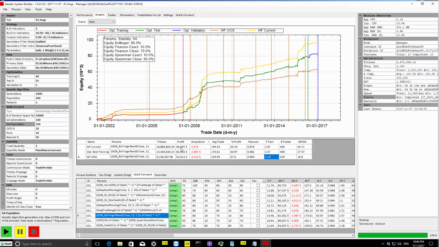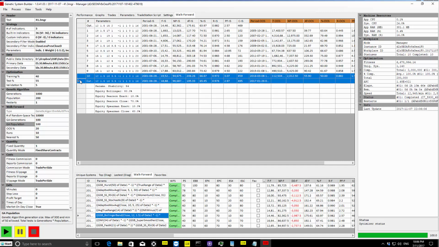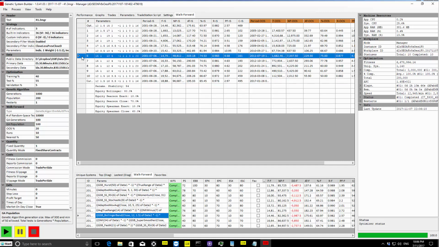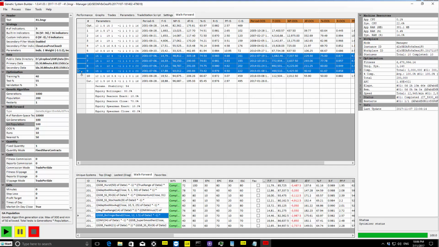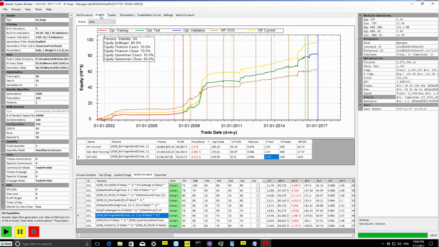So I think this is a system that I like the look of. You can see here we've got 12. So again, we've got like a two-stage set of parameters. These ones here are very similar. Then these last two have changed a fair bit. It would be possible to do something with the system, but I would probably just go on to the next one.